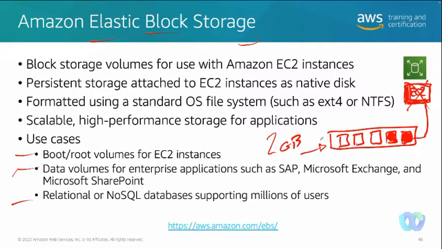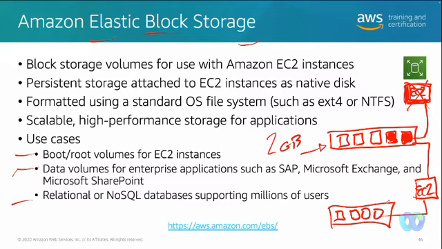So you can then attach it to another EC2 instance if you want to. But it can only be attached to one EC2 instance at a time. One EC2 instance could be attached to more than one volume, could actually have 2 volumes attached or more. We don't care. But a volume can only be attached to one and only one single EC2 instance.